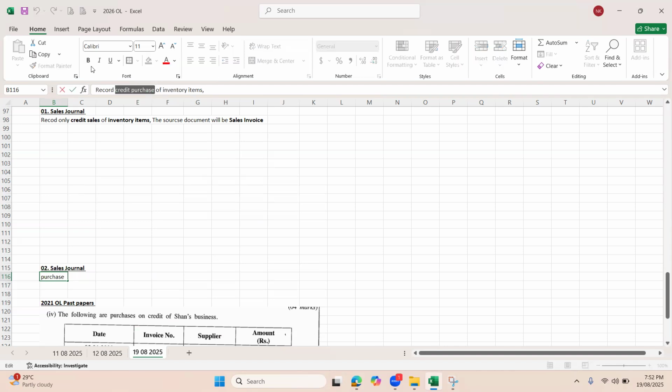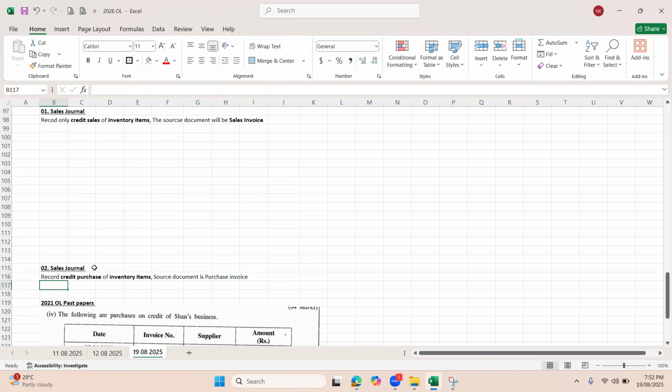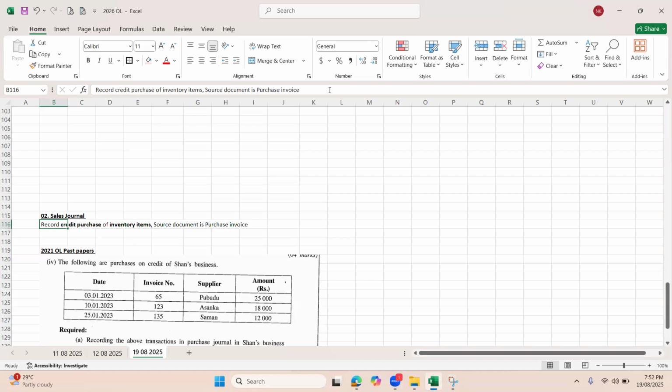Here credit purchase is important, and then the other one is inventory items. Here the source document is the purchase invoice, right?